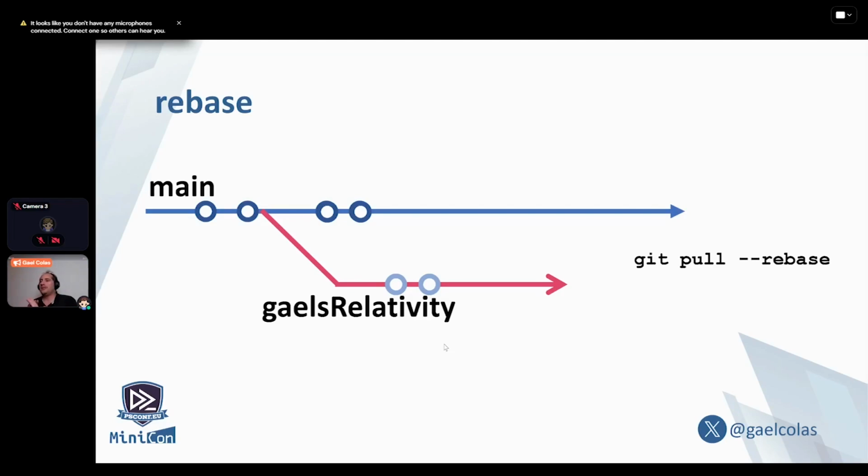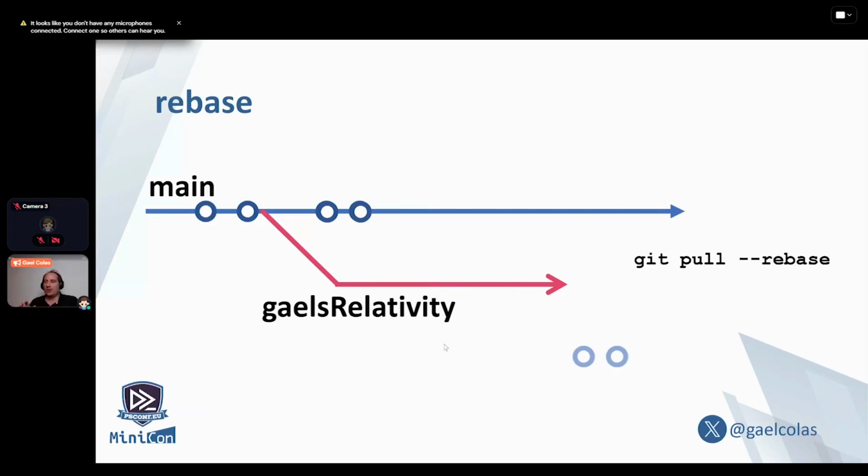So how does the pull rebase work? If, instead of doing git pull, you do a git pull --rebase, or you do a git pull and you have configured the always rebase setting, you have the same situation there where you have two commits on main that you don't have on your local branch, and you're trying to rebase from there. So you would do git pull --rebase origin main in that case.